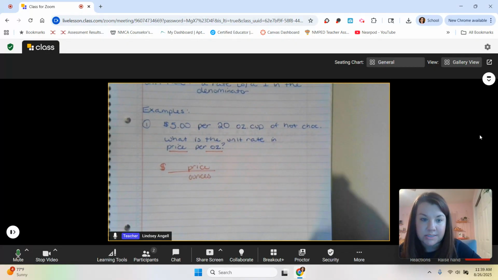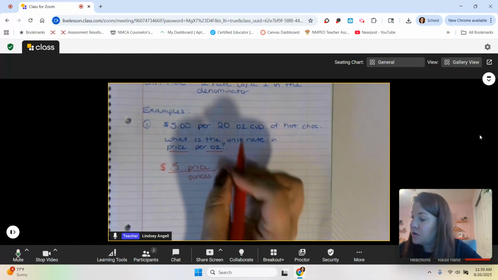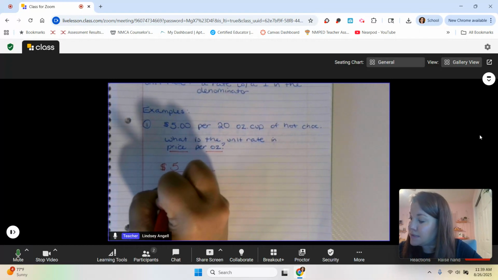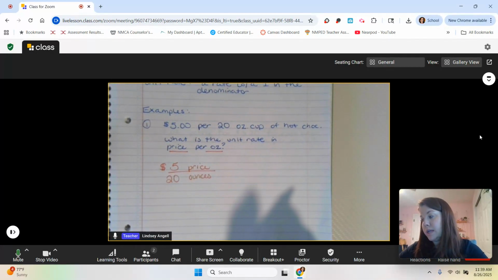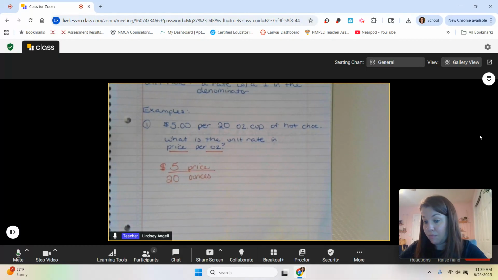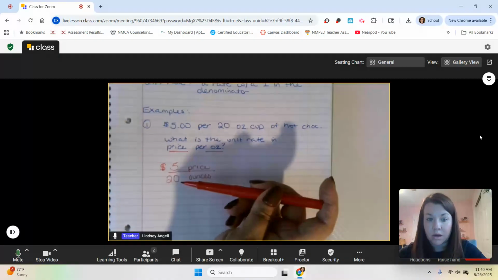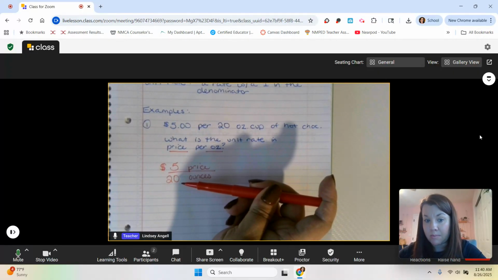We're working in US dollars right now. So I have $5 per 20 ounces. Well, what I'm trying to do is have this number down here in my denominator be a 1. And in order for me to do that, I need to take my numerator and divide it by my denominator.